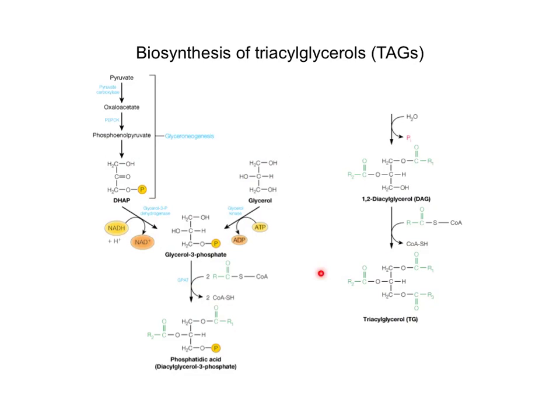Now, this synthesis of triacylglycerols is hormone regulated, so that we synthesize fatty acids when we have excess fuel, and we don't synthesize fatty acids when we are fuel deprived. So next, let's talk about some of these glycerophospholipids.